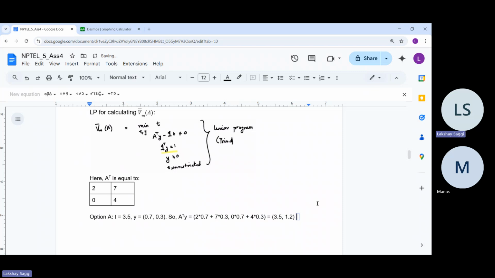So this is indeed less than or equal to 1 times t.